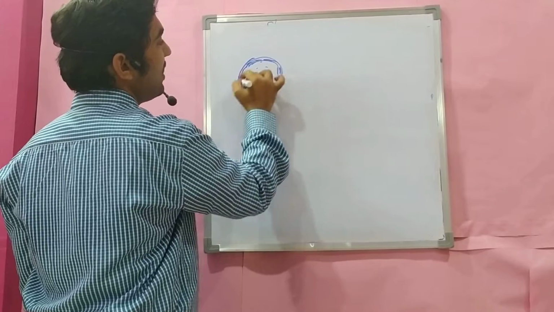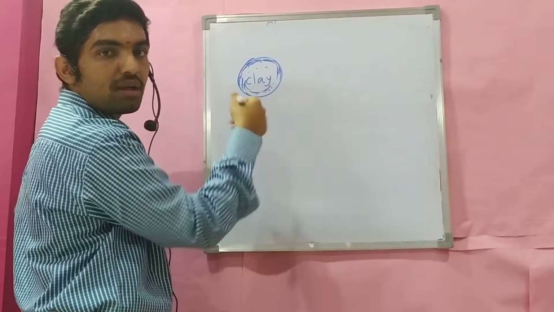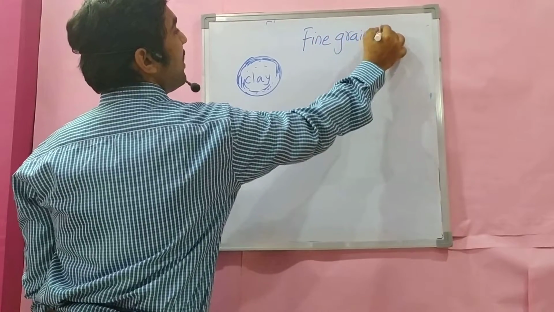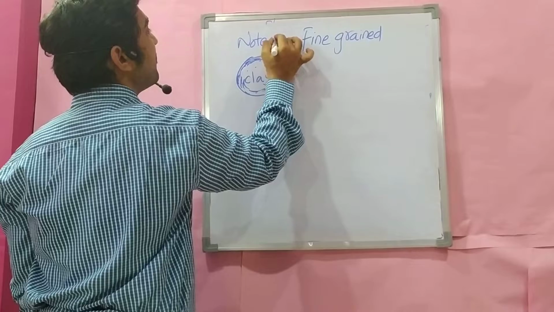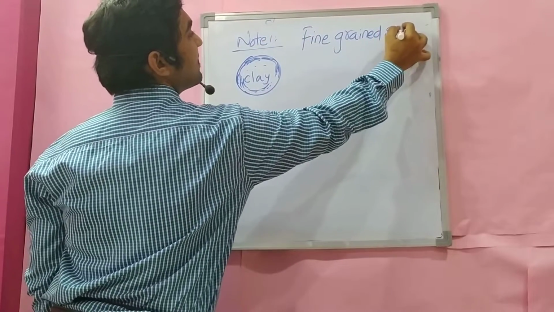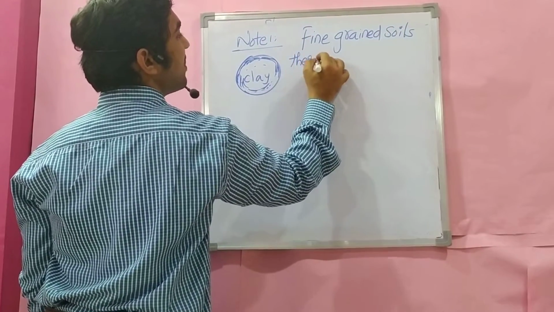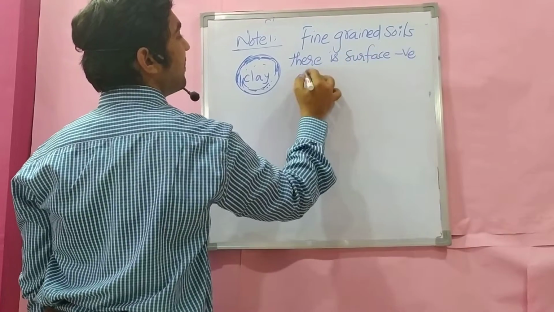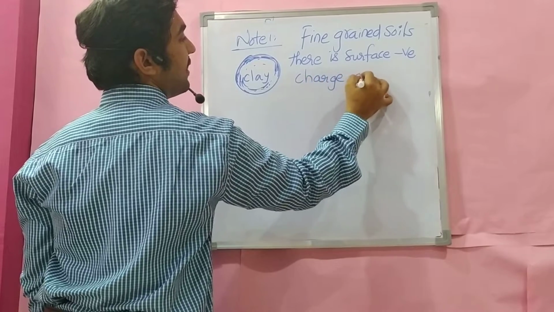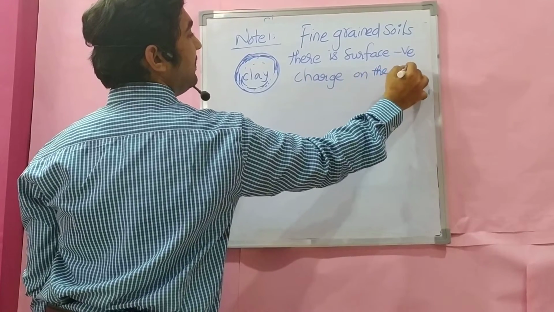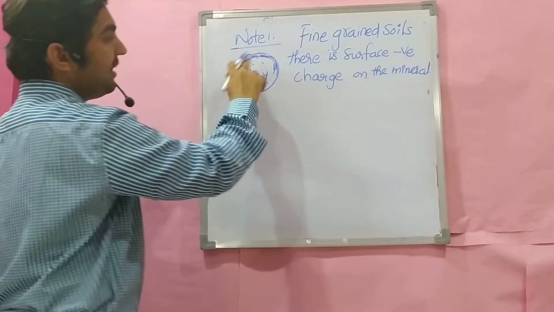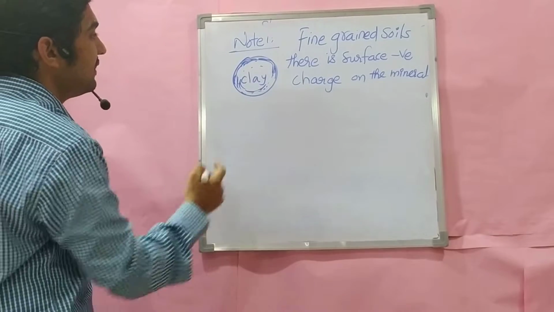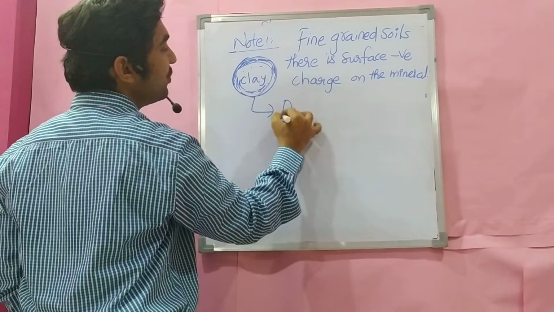This film is coming due to the electrochemical actions. Generally, for all fine-grained soils, we can take a note point like this. Note number 1: for all fine-grained soils, there is a surface negative charge on the soil mineral. So these are charged particles. That layer is known as the diffuse double layer.